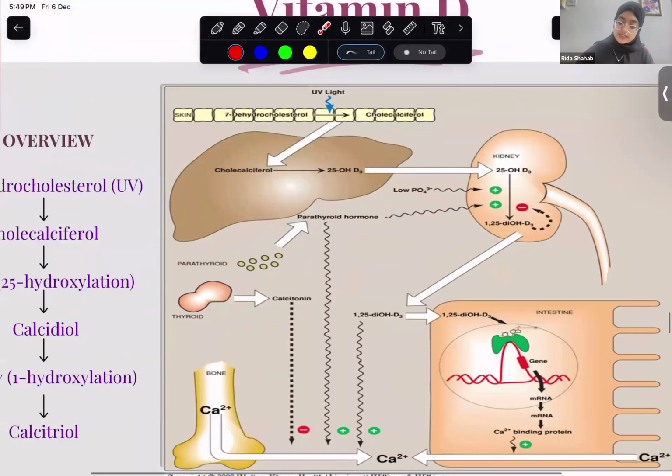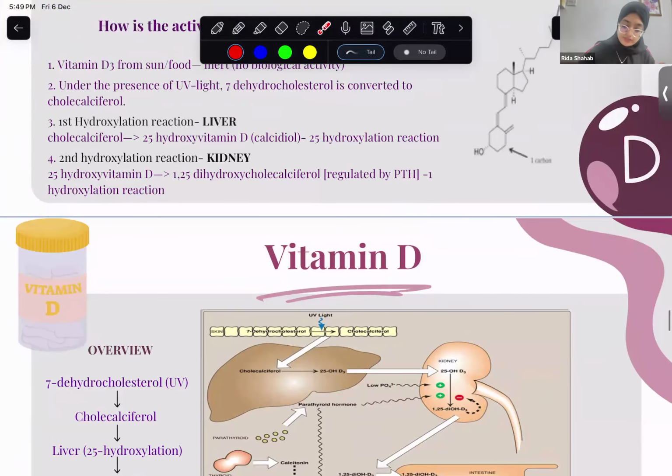So you have 7-dehydrocholesterol that gets converted into cholecalciferol with the help of UV light. This cholecalciferol then goes to the liver, where it gets converted into 25-hydroxy vitamin D, which is also called calcidiol. You can see here, I have written everything down.